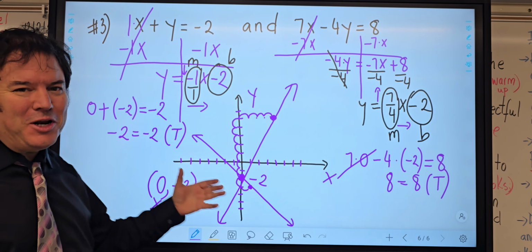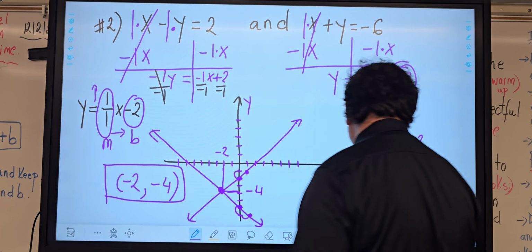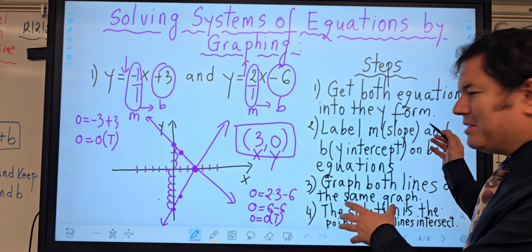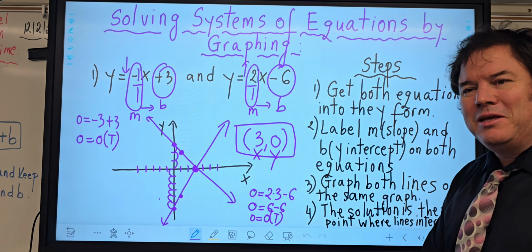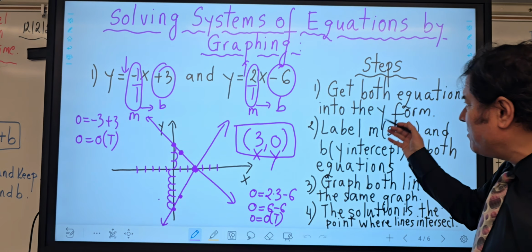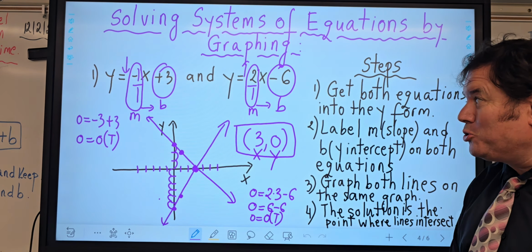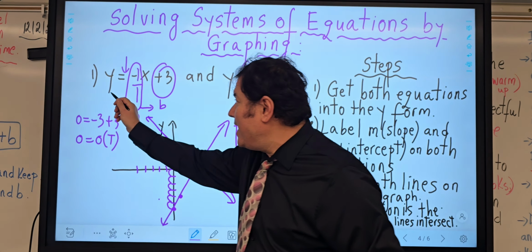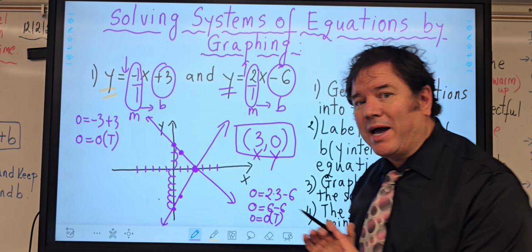Okay? It was not very difficult. Remember, we use the same steps just like we did when we graphed linear equations, right? But now we graph system of equations, but the same steps. Get both equations into the y form. We have to do that. We want to make sure that in both equations, we get the y by itself, right? Y has to be by itself.